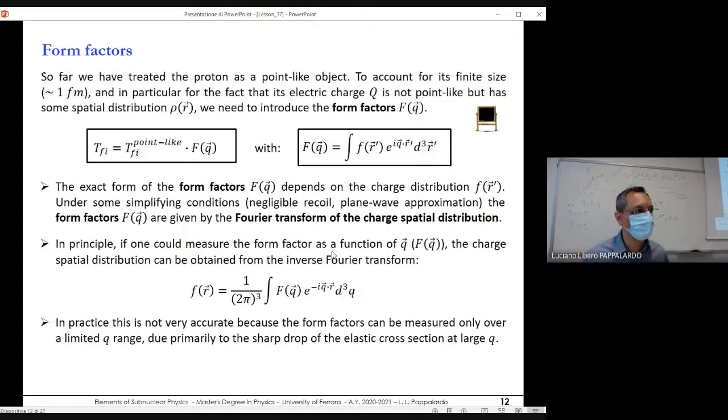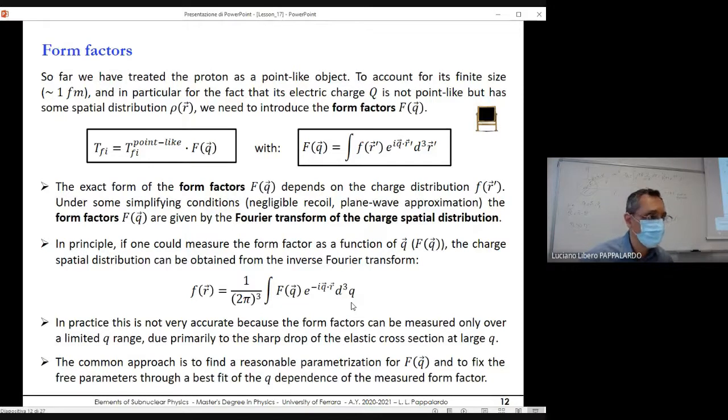Physically, it's not so easy, because in practice it is not very accurate: the form factor F(Q) can only be measured in a limited range of Q. You cannot measure from Q equals 0 to infinity. The reason is that the elastic cross-section goes down very sharply at large Q squared, as shown before. So we cannot cover the full range of Q, and so we cannot really use this approach to extract the charge distribution.